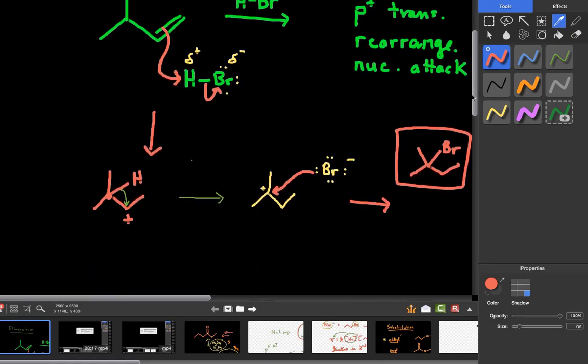The elimination reaction would be to begin with 2-bromo-2-methylbutane, and we would employ a reasonably strong base and also high temperatures.